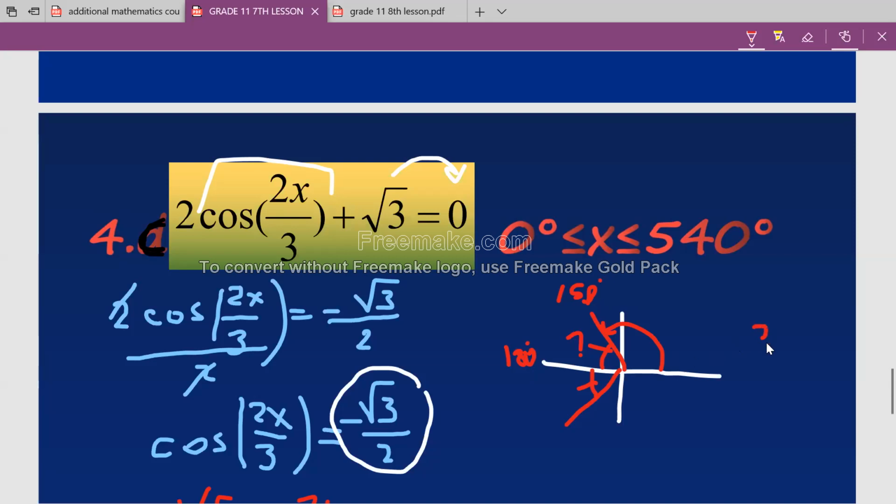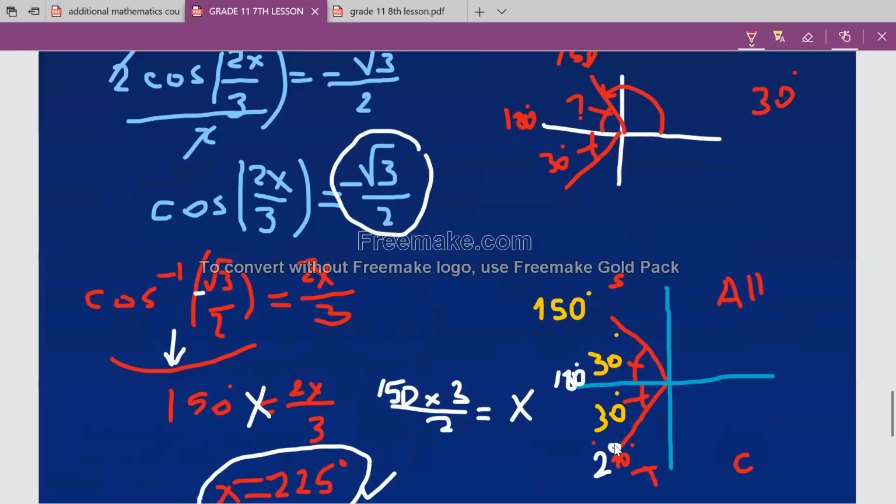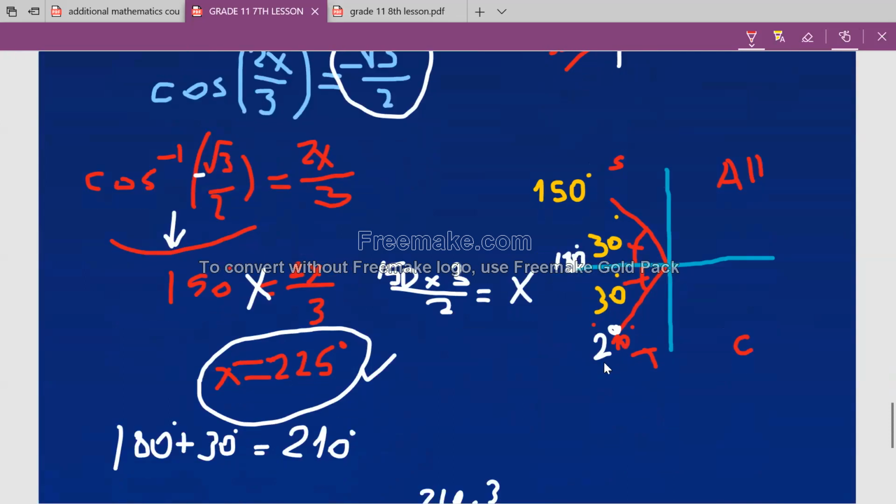So it equals 30. I told you that acute angles will be equal. Between the x-axis and our line there will be an acute angle, so here will be 30 degrees too, okay? Yes. So when you use that acute angle, you will find your second solution, 210.